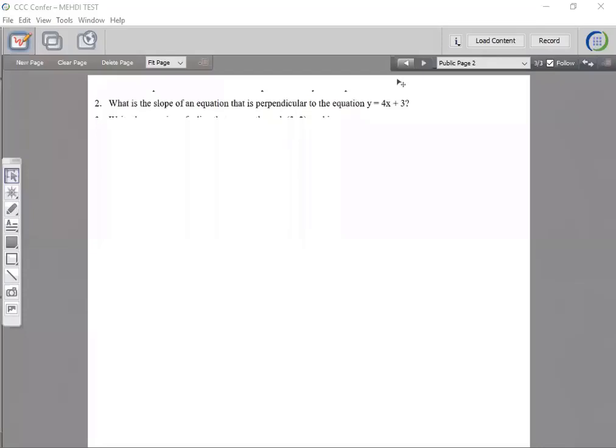Okay. Here it says, what is the slope of an equation that is perpendicular to the equation y is equal to 4x plus 3? When two lines are perpendicular, anybody know the relationship between their slopes?